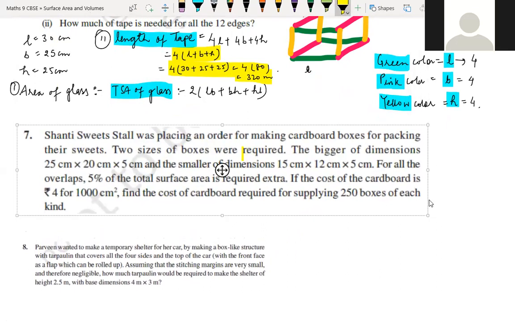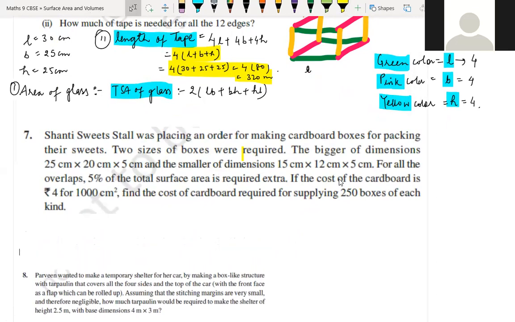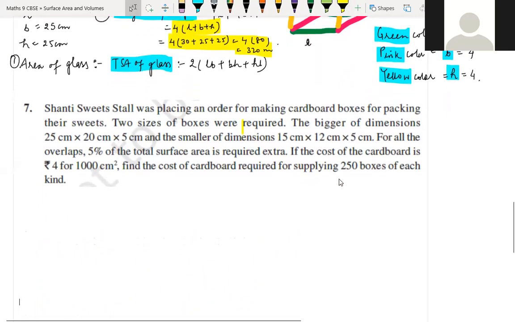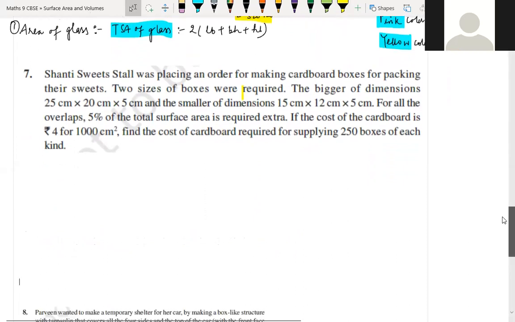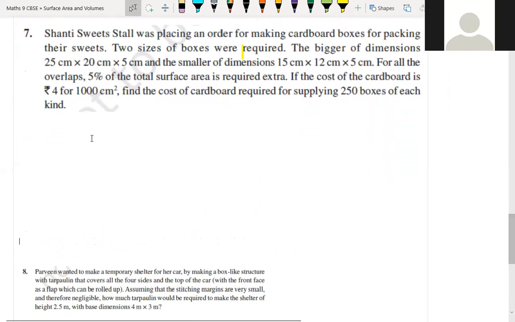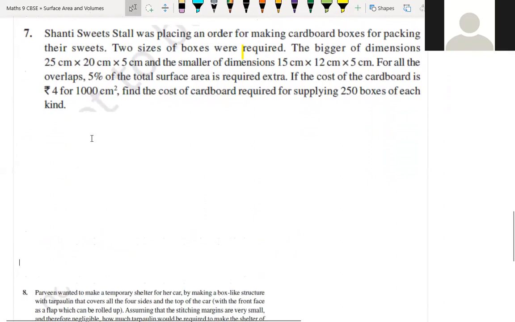See, the question is: Santi Sweets stall was placing an order for making cardboard boxes for packing their sweets. 2 sizes of boxes were required, one bigger dimension and one smaller dimension. For all the overlaps, 5% of the total surface area is required extra. If the cost of cardboard is rupees 4 for 1000 centimeters square, find the cost of cardboard required for supplying 250 boxes of each kind.